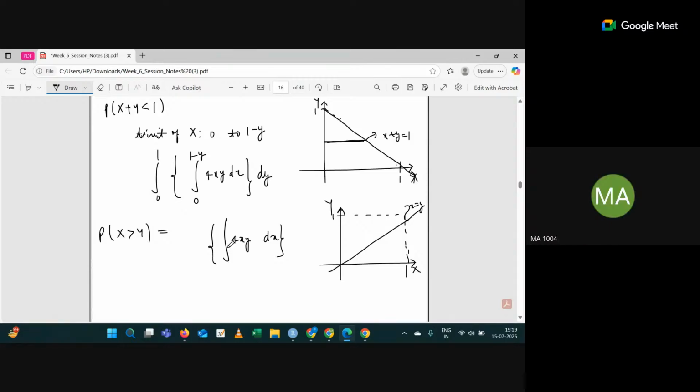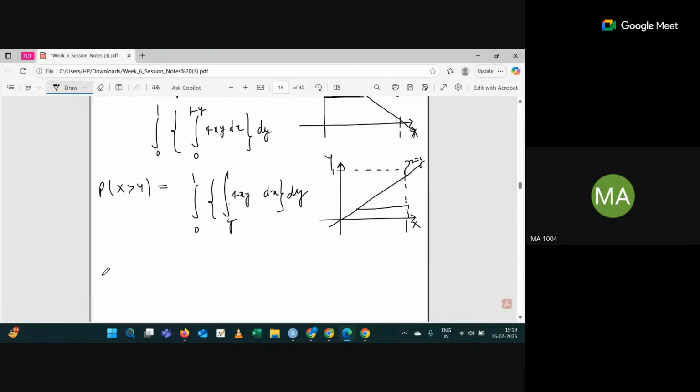What is x greater than y, first of all, lower part or upper part? Lower part. So this is y to 1. Correct? And what is the limit of y? 0 to 1.